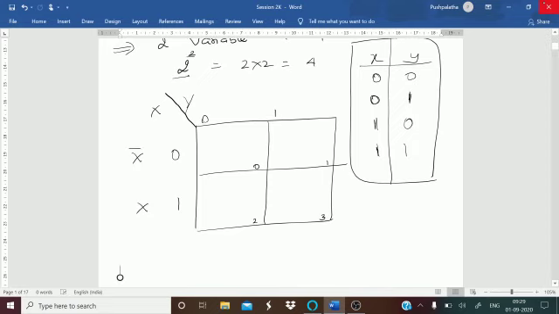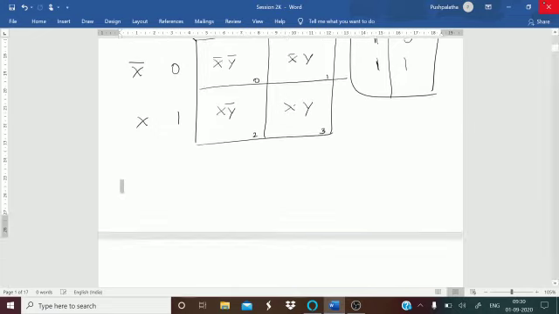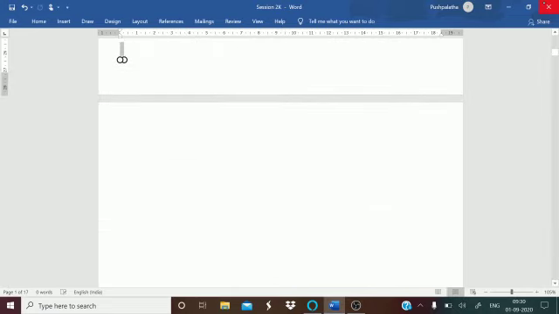This is 0, so you have a bar. This doesn't contain a bar. In the same way, both are Y, but 0 contains a bar, 1 does not contain a bar. Then this is X bar, Y bar. This is X bar and Y. This is X, Y bar. And this is X and Y. You have to be familiar with this.